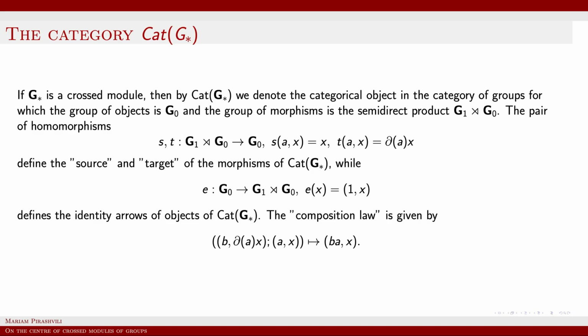If you take an element in here, then we can say the source and the target in this way, as well as the identity. And we have a composition law as well, given in this way. So this defines the category.